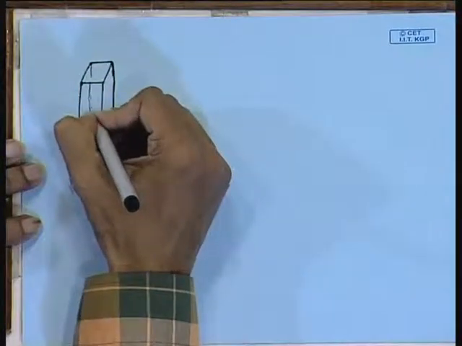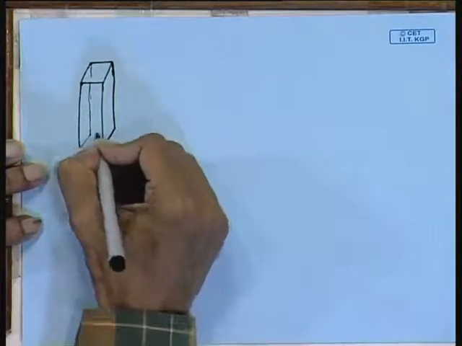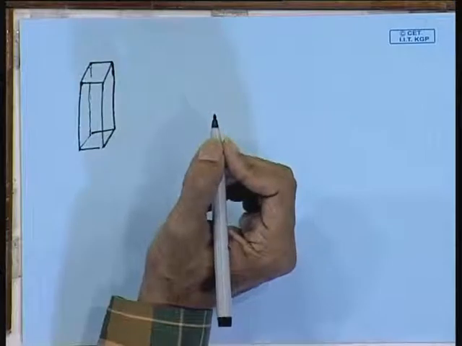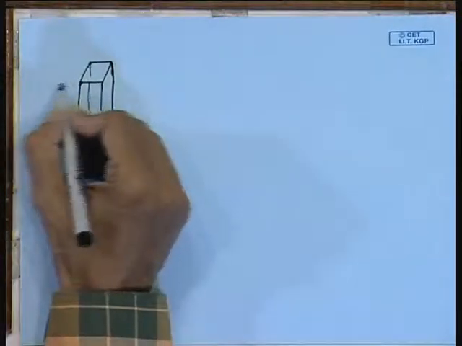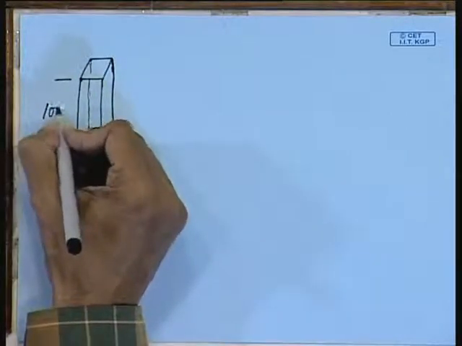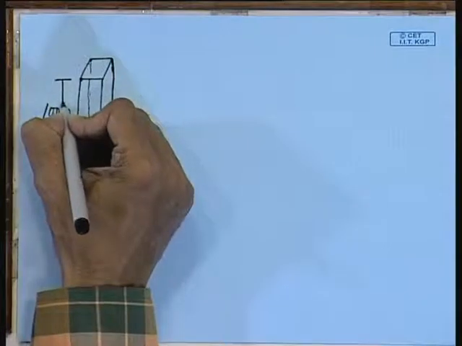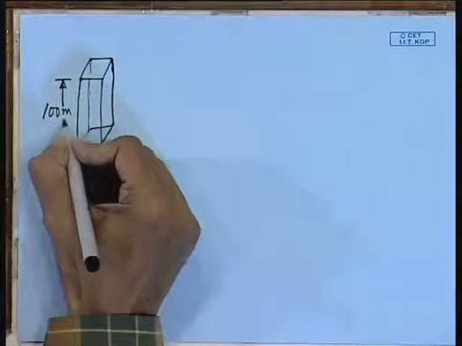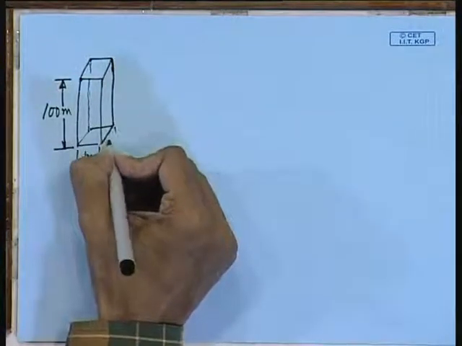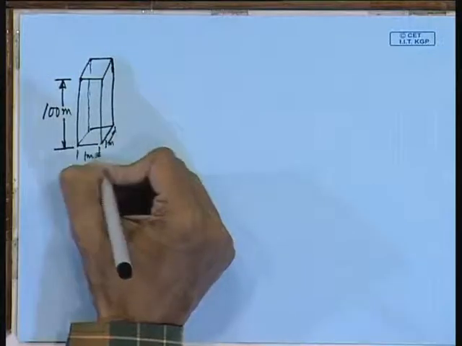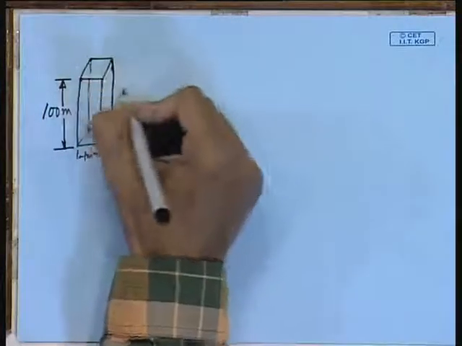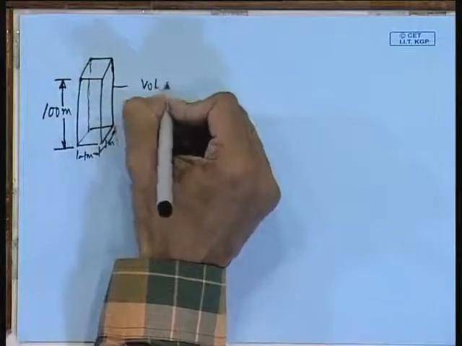So you calculate the volume of heat that this volume of column of water is given. So this is 100 meters, and this dimension is 1 meter. Followed. So what is the volume? So volume of this is 100 meter cube.